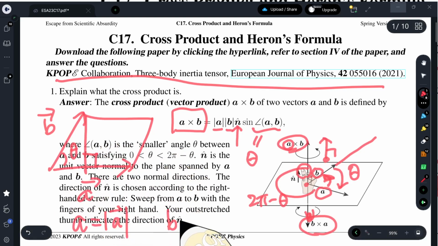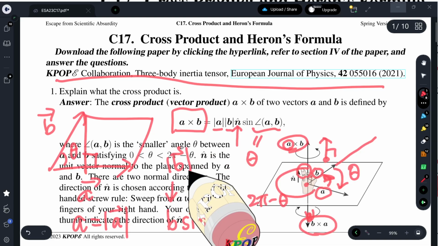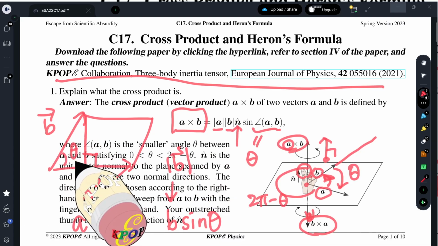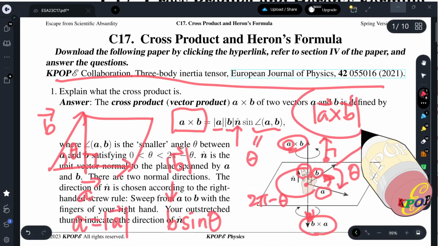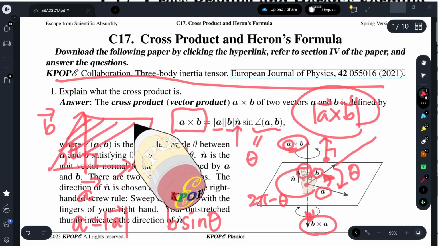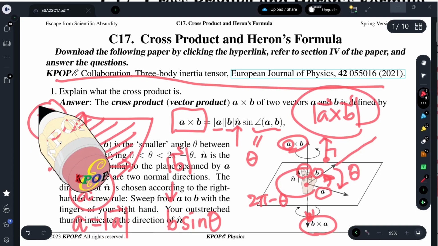That is B sine theta, where B is the magnitude of the B vector and theta is the angle between A and B. Therefore, the magnitude of the cross product is the area of the parallelogram spanned by the two vectors.